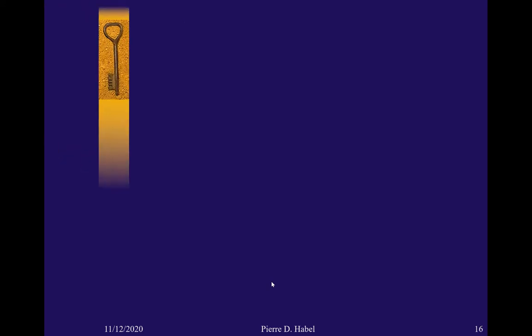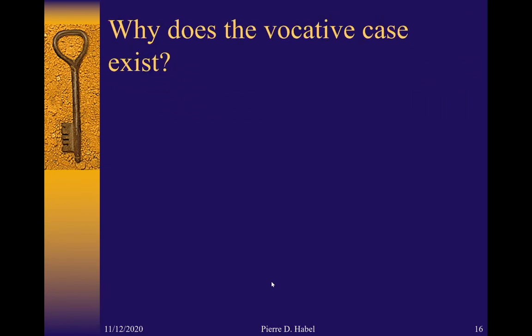But now I'm going to click forward, and I'm going to explain a little bit more about why the vocative case exists. No, it's not to annoy you. I know, some of you must think that noun cases were designed to annoy you. But no, the vocative case exists while its name is a sign. Nomen est omen.